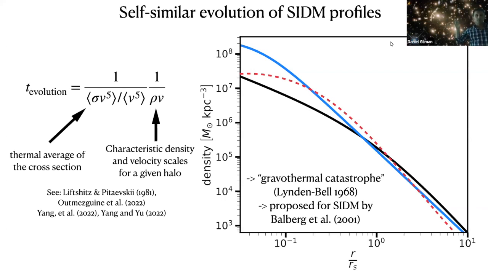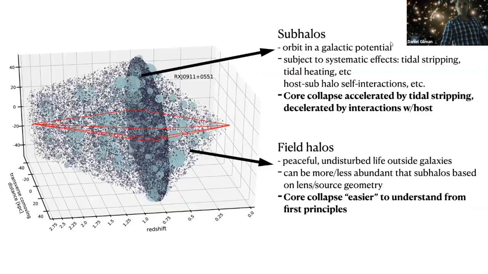It's weighted by a factor of relative velocity to the 5th power, for technical reasons. But the point is that if you track time in these units, then core collapse always occurs at the same time, some multiple of this evolution time scale.